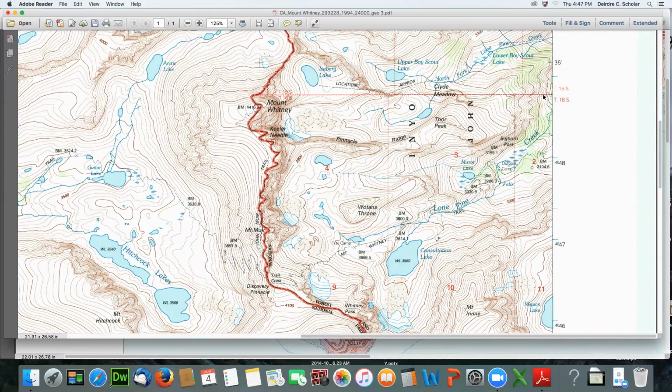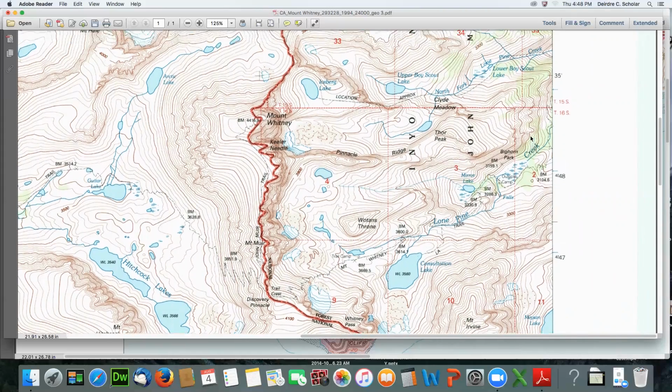Here, this red dashed line is a little bit of a heavier line. It's important because it happens to be the boundary between two different township numbers on our map. So township 15 south is above that thick red dashed line, and township 16 south is below. So Wotan's Throne is actually in township 16 south.